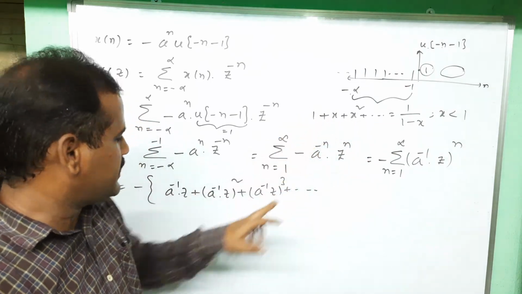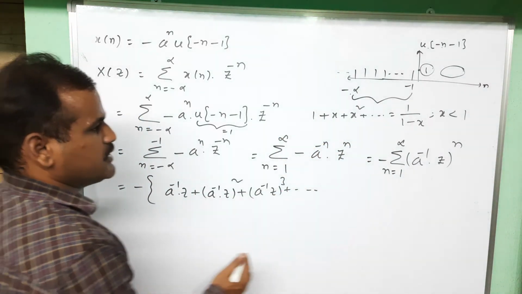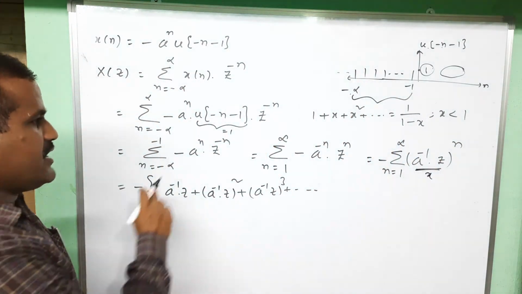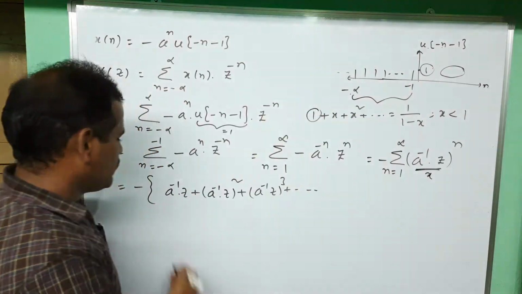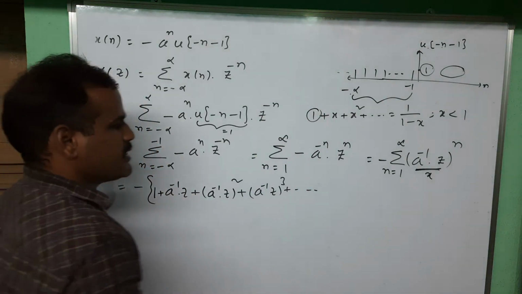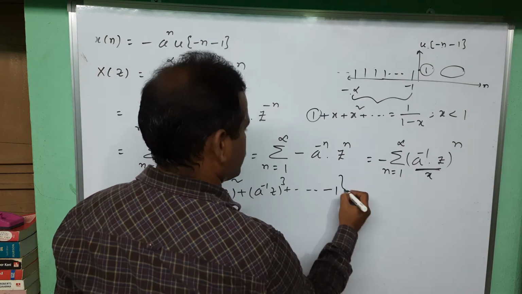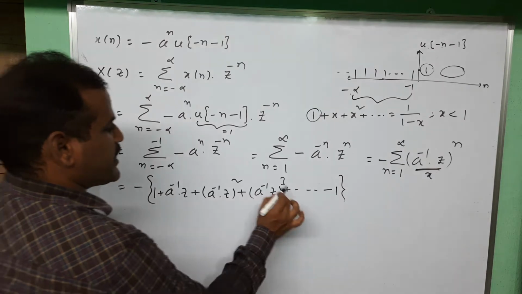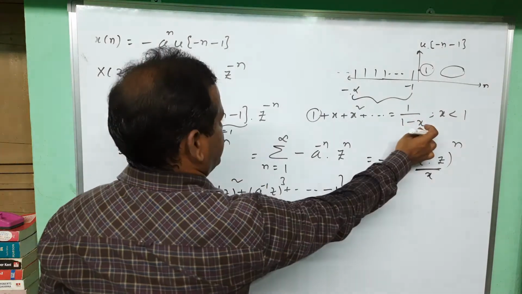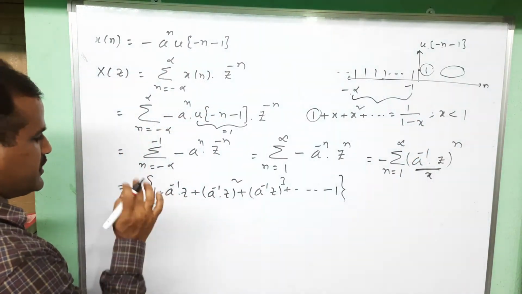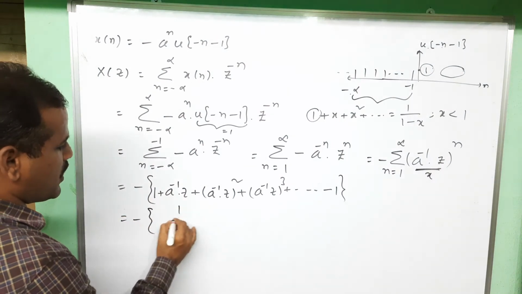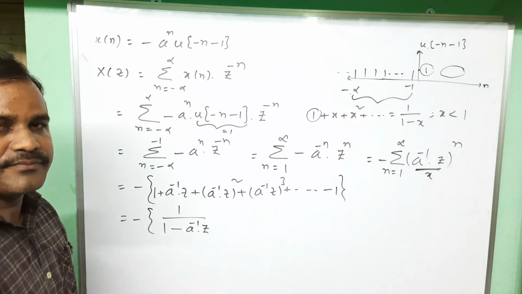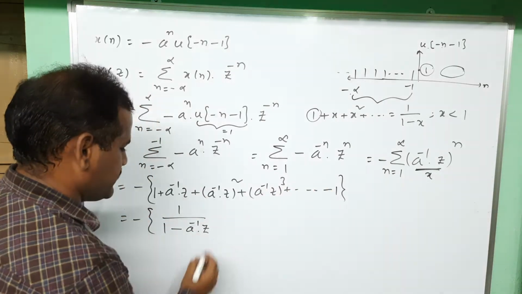Here 1 is there, here there is no 1. We can assume this expression as x, but the 1 is lacking. We need 1, so I can add 1 here and subtract 1 for compensation. Then this can be written in the 1 by 1 minus x form, with x replaced by this expression: 1 divided by 1 minus a inverse z, and the remaining minus 1.